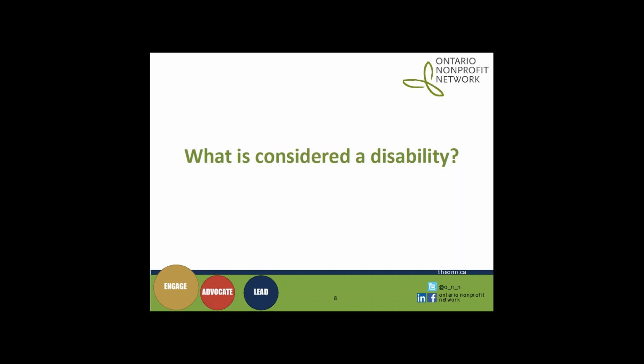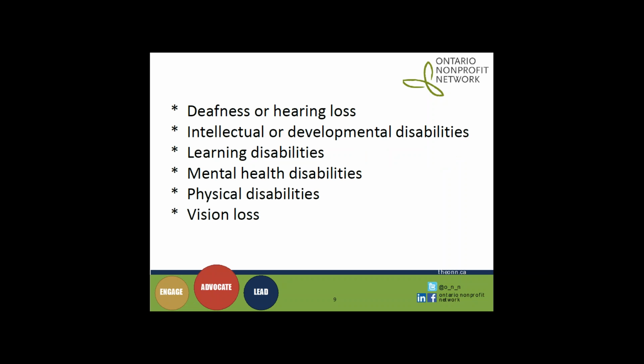Now, sometimes I get asked about what is the definition used by the AODA for disability. And the AODA uses the same definition as is used in the Ontario Human Rights Code. So these include things like deafness and hearing loss, intellectual and developmental disabilities, learning disabilities, mental health disabilities, physical disabilities, and vision loss.